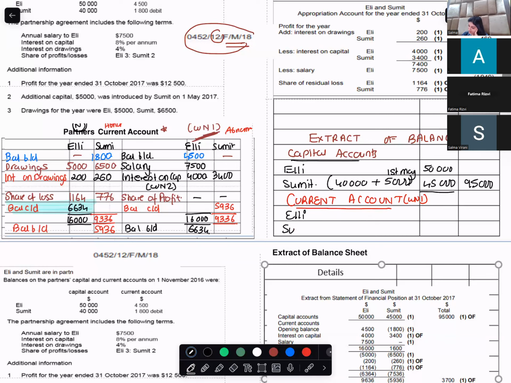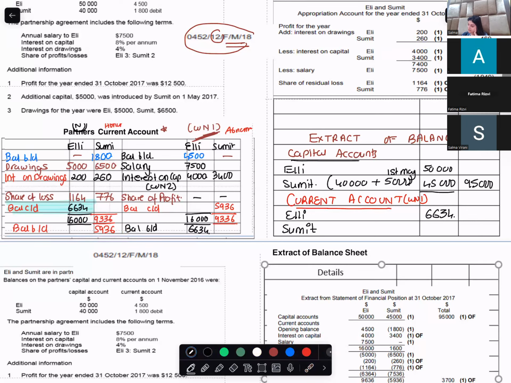So Elli and Sumit. Elli has a credit balance. Does Elli have a credit balance? Yes, miss. 6,634. This is normal. Sumit has a debit balance.